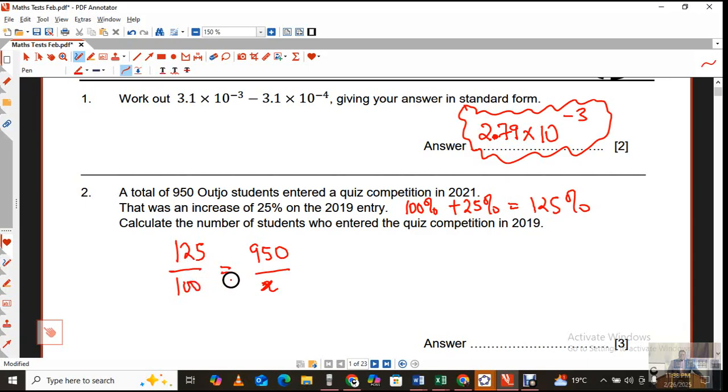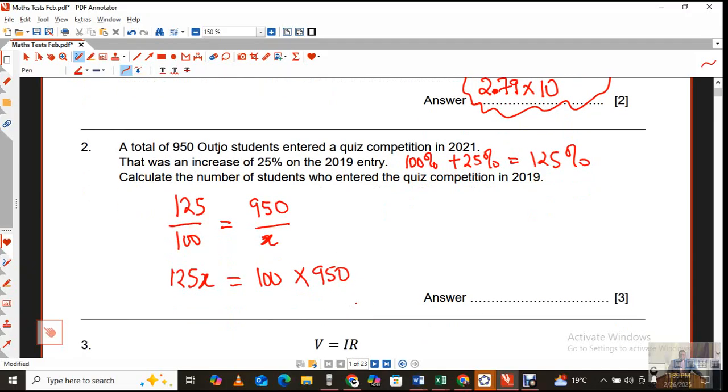In fact, this is actually like a reverse percentage scenario, but I did the equivalent fractions for you to understand where it comes from. If we were to cross multiply, we're going to have 125x here, and that's going to be 100 times 950. Then I'm going to get rid of that 125 in front of that x.